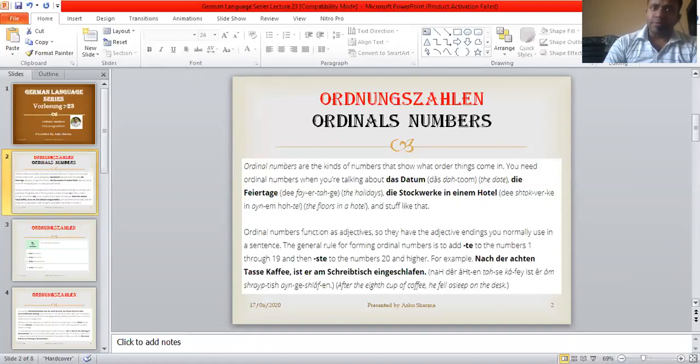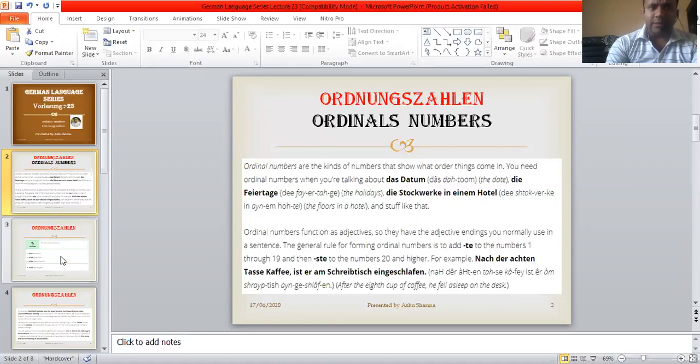So we generally use these ordinal numbers. Once it ends with te, or for 20 or more, you have to end with ste.